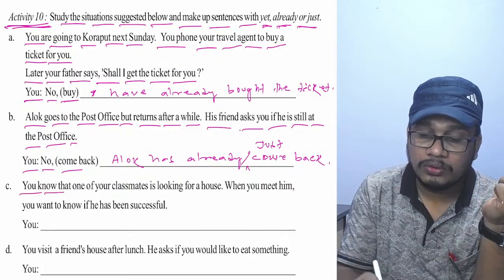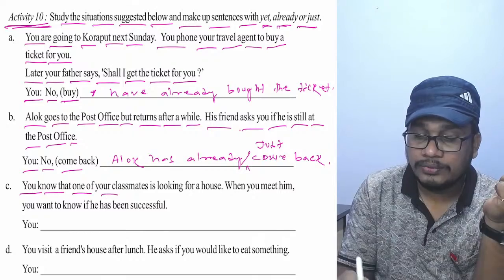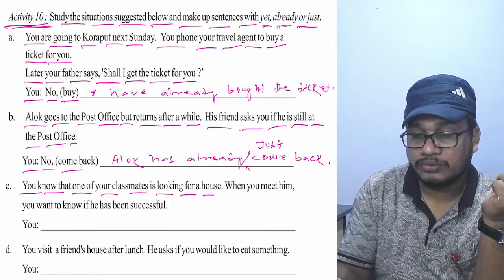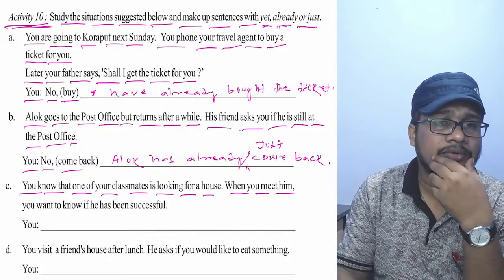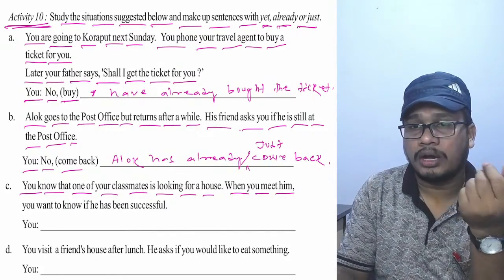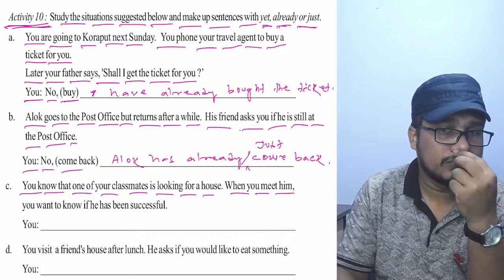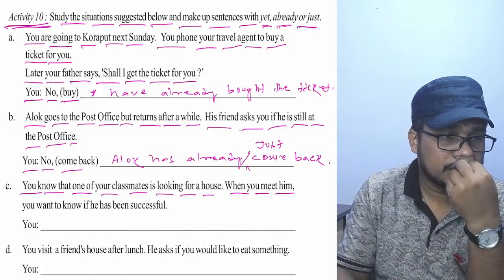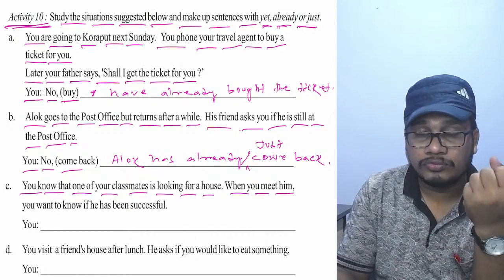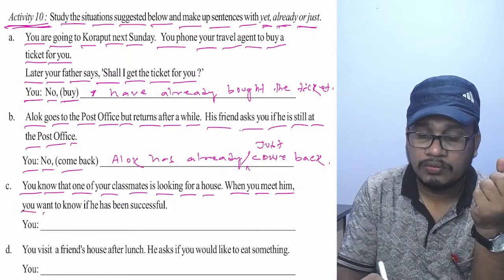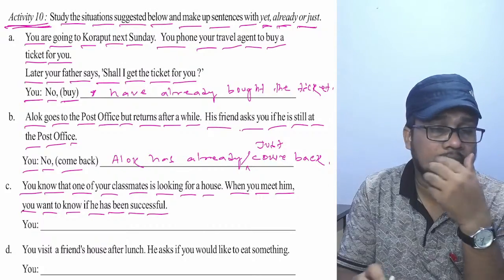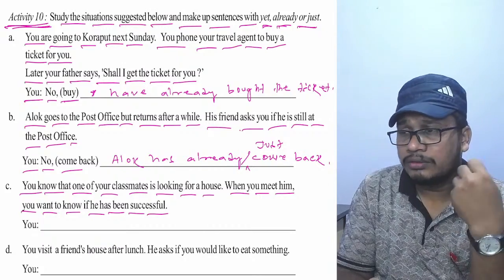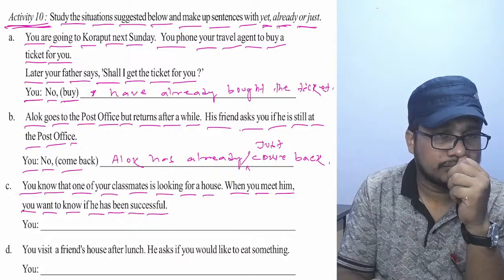Now you know that one of your classmates is looking for a house to live in. When you meet him, you want to know if he has been successful or not, if he has found the house or not.